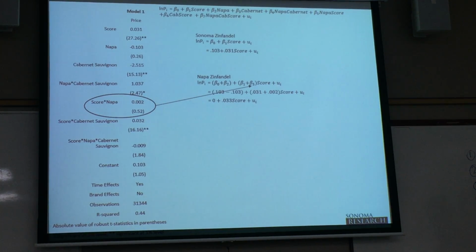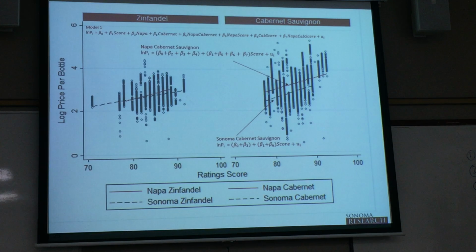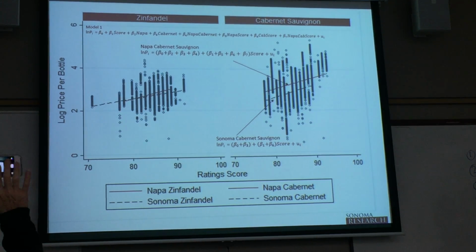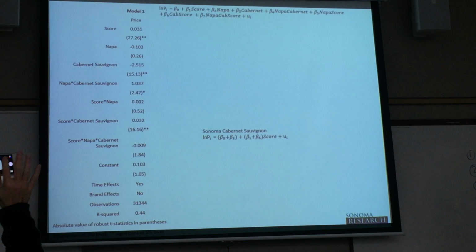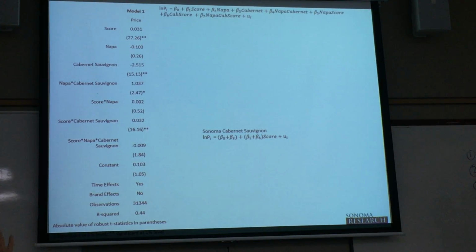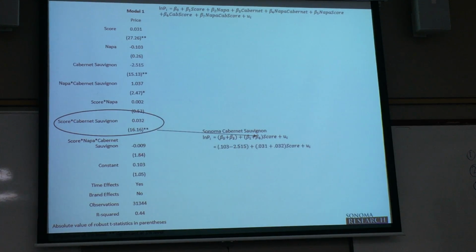All right, let's go to Cab. Here's our cab equation. There's our cab dummy. There's our cab score interaction. We add those up.